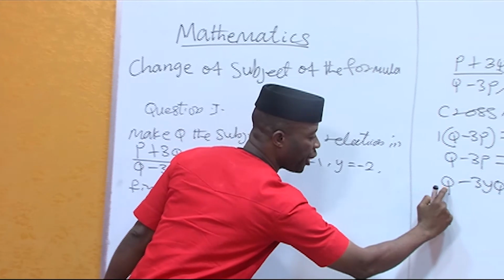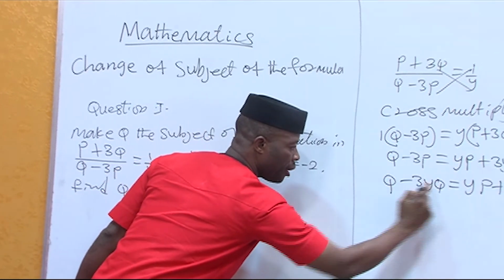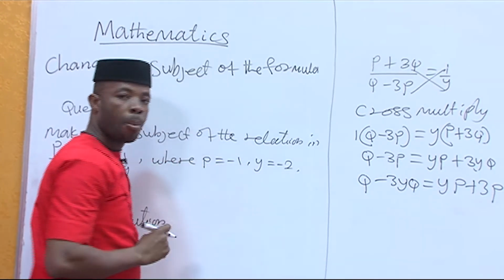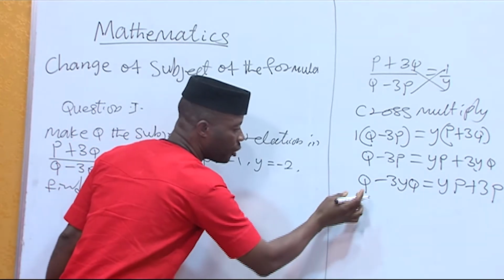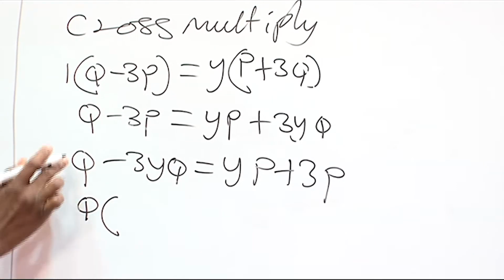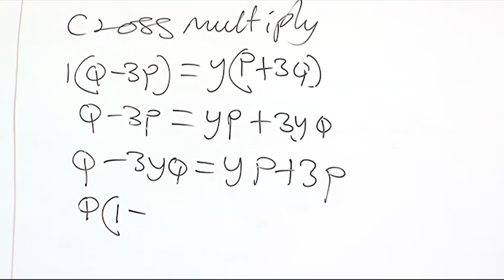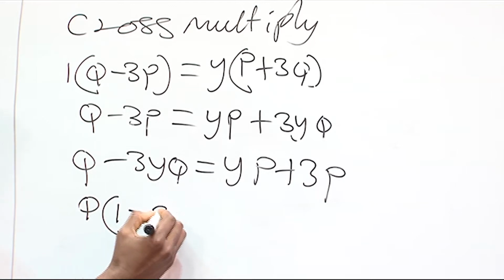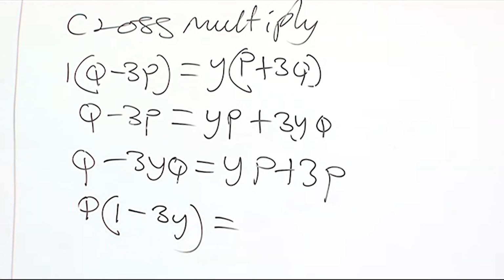Now I have Q here and another Q here, so I collect the common factor. Q is here, Q is here. Take it out. Remaining Q divided by Q is 1, minus 3Y.